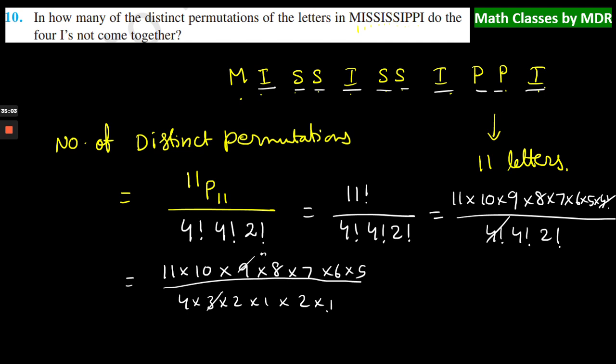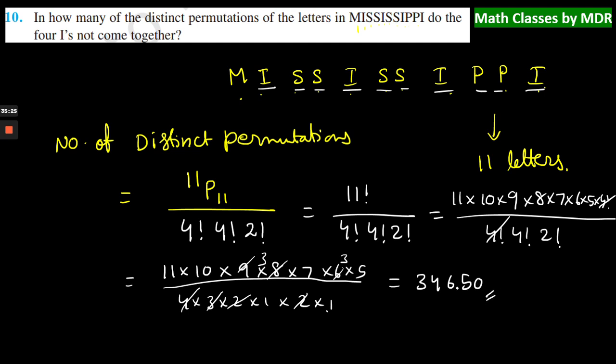So 3 here, and 4 times 8, and then 6, maybe 3 9s, 9 7s are 63, 63 into 11 into 5, which is equal to 34,650 on simplifying it.